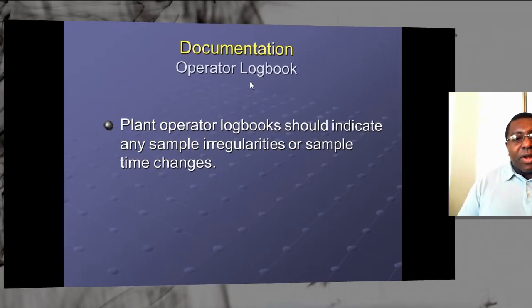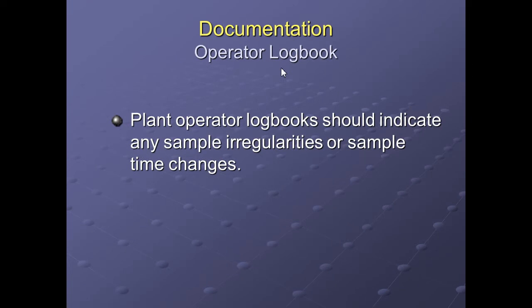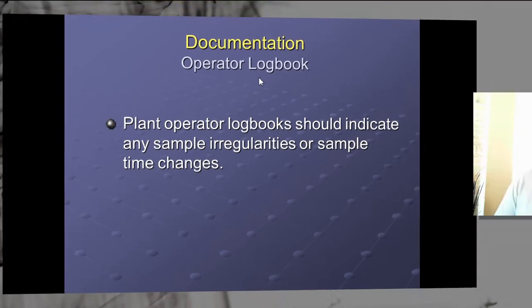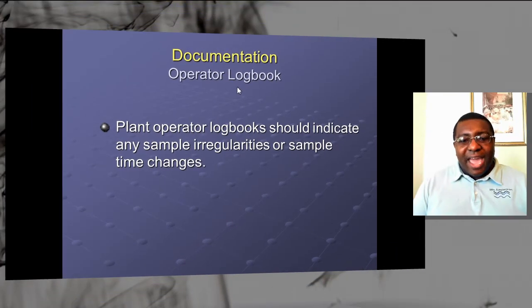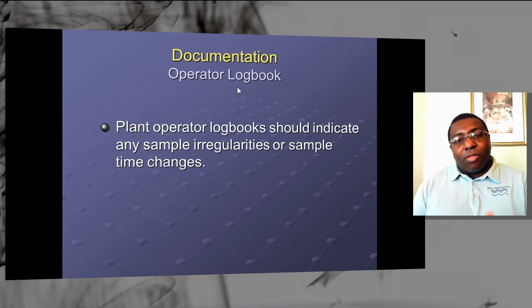Your operator logbook, not the one that's in the lab, but the operator logbook in the control room or wherever the operators write in their day-to-day activity. That's a good place to also include your samples. Most permits, NPDES permits, have that written in, that operators have to write down what they're doing on their day, if they're doing a maintenance activity, a process control function, or a laboratory sample.